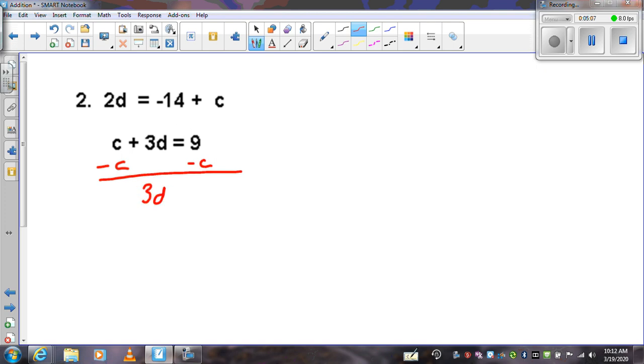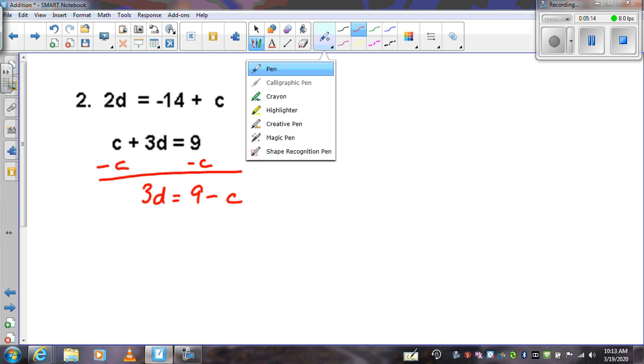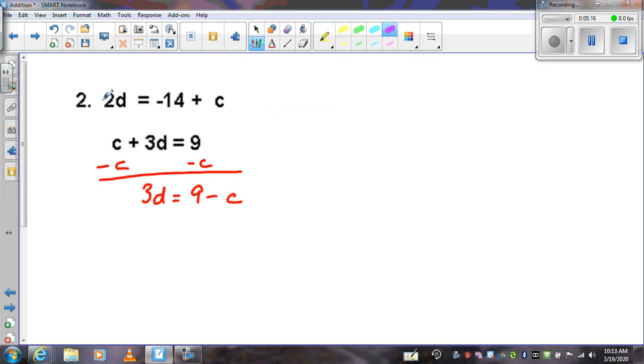So I end up with 3d is equal to 9 minus c. And if you notice, the order for both of them is the same. So I'm starting off with my d's, then I have my equal signs, then I have my constants, and then finally, I have my variable c.